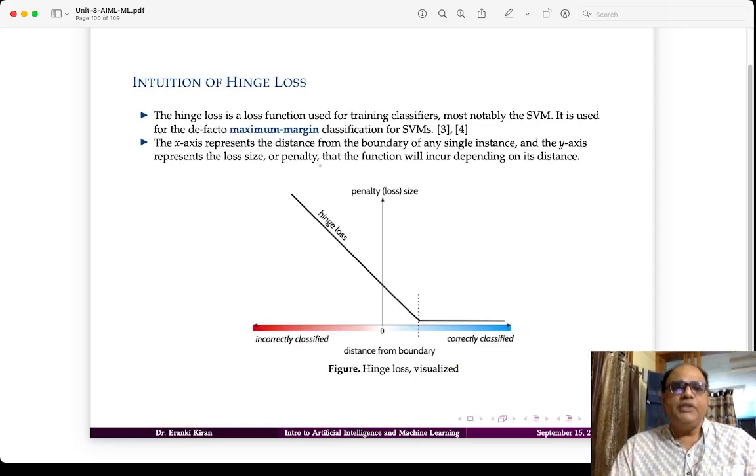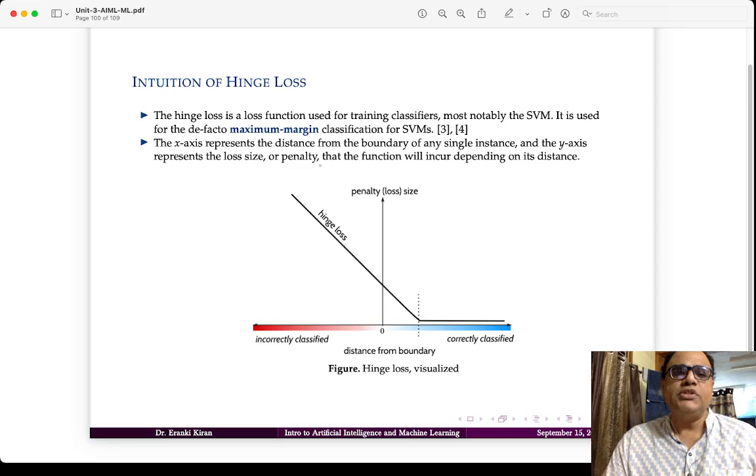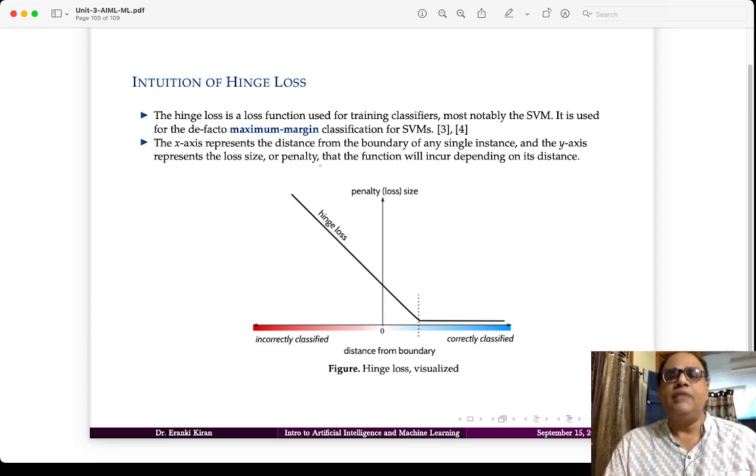The hinge loss is a loss function used for training classifiers. It is used as the de facto loss for maximum margin classification in support vector machines.